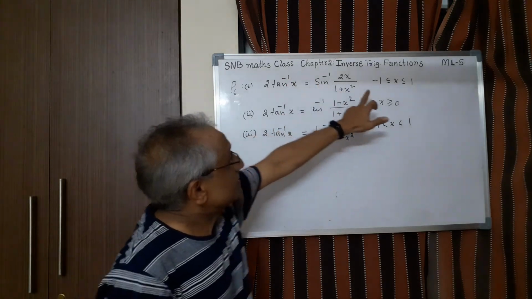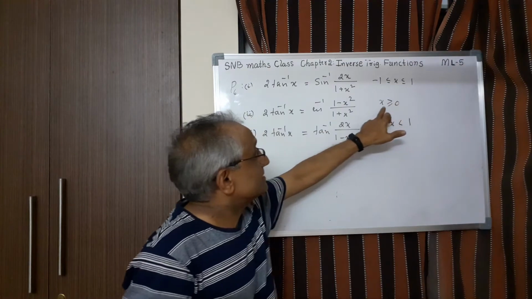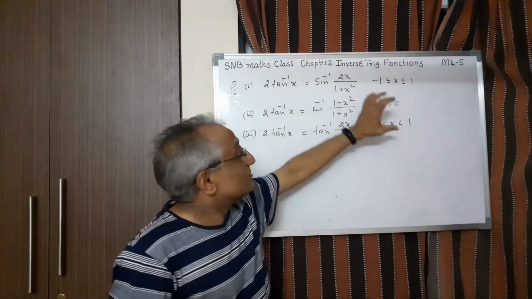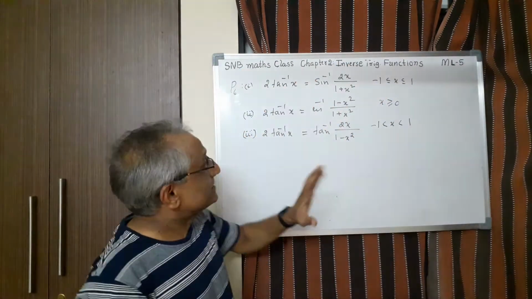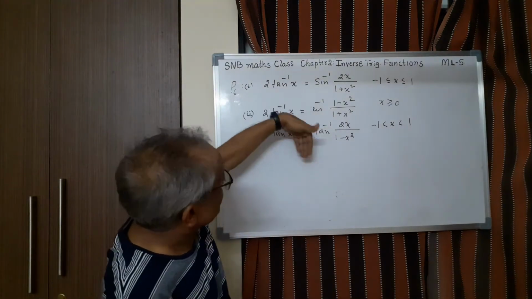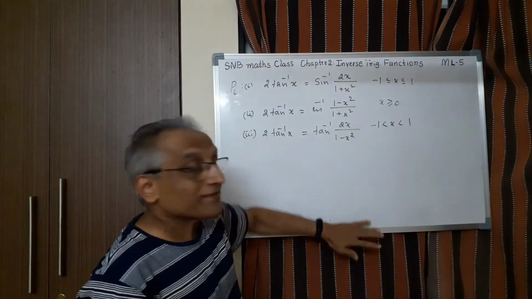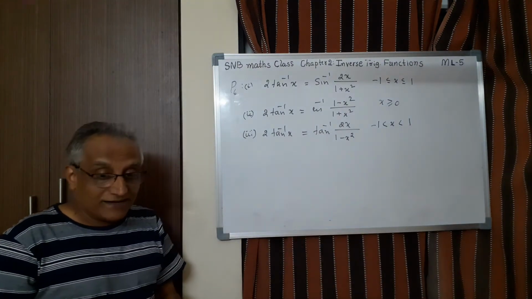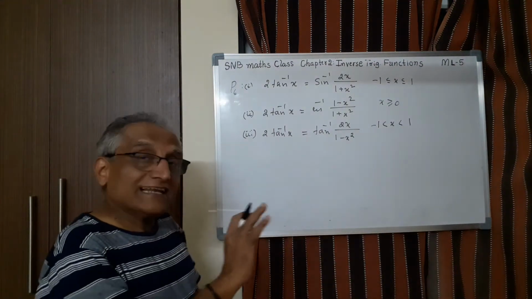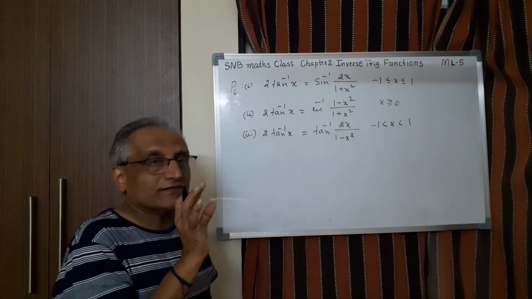This formula is valid for minus 1 to plus 1, whereas this is valid only for positive x, so you have to take the common range. Otherwise, every time you can't say these are all equal. No, because your condition is there. That's why in inverse trigonometric functions you should be very careful. You can't just generalize mechanically, so you have to take everything very carefully.